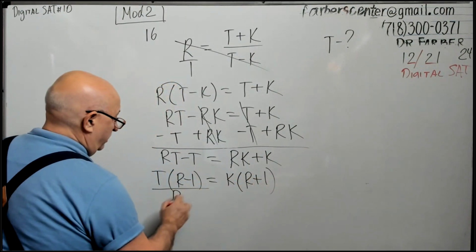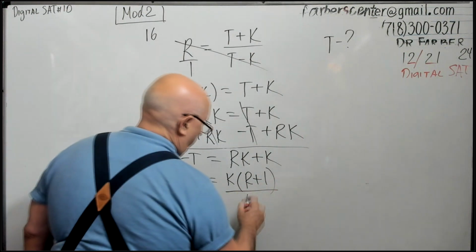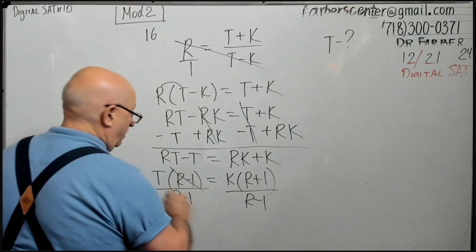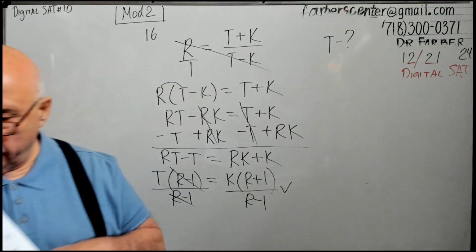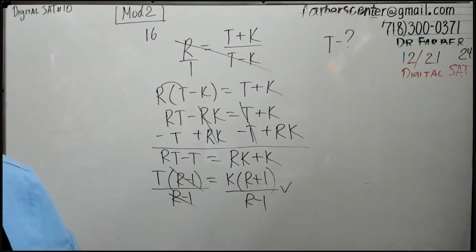Divide by R minus 1, and this would be T. So far, so good. Many questions are based on operations with formulas. Okay, this one. 16.